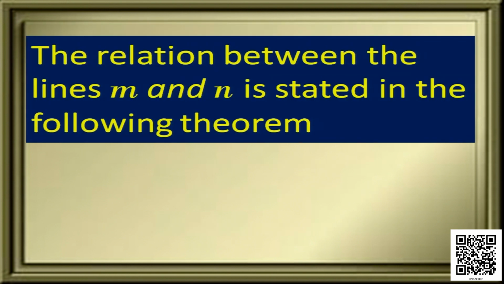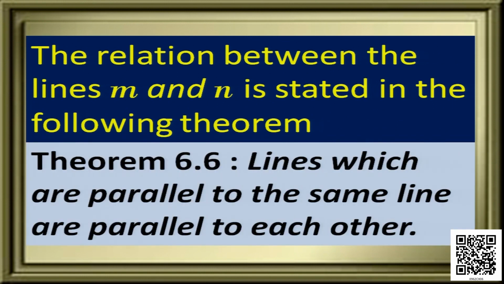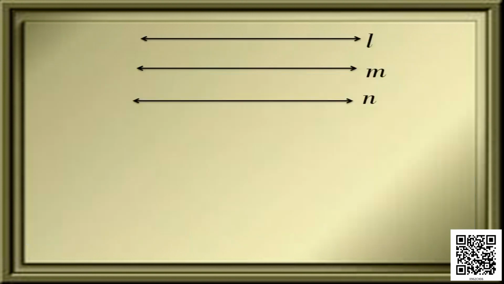The relation between the lines M and N is stated in the following theorem. Lines which are parallel to the same line are parallel to each other.